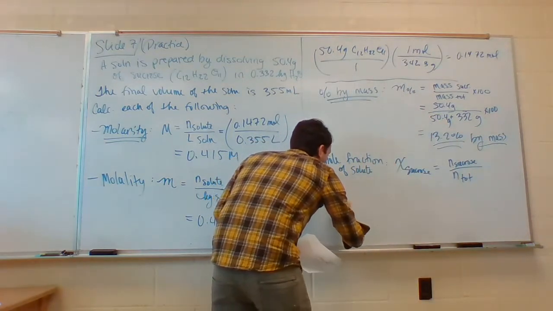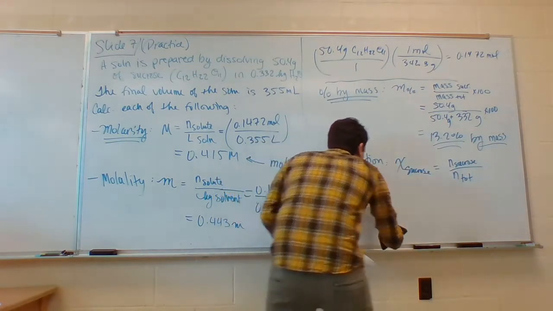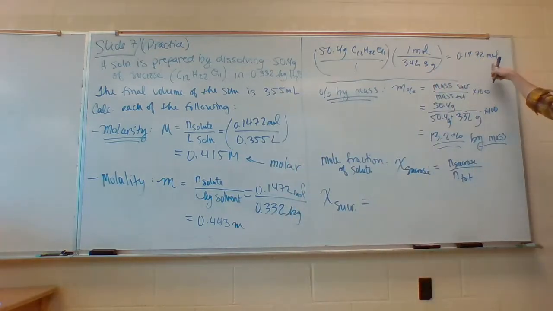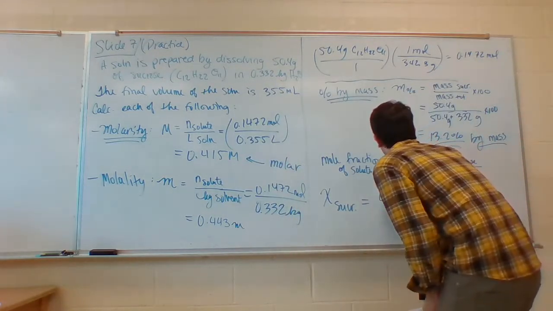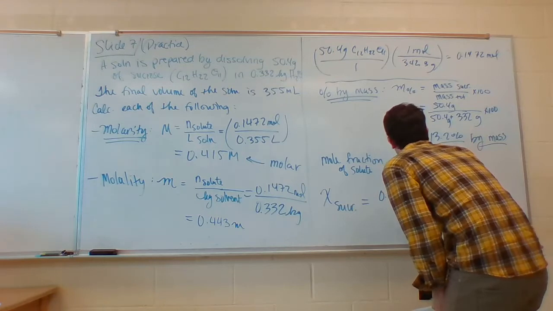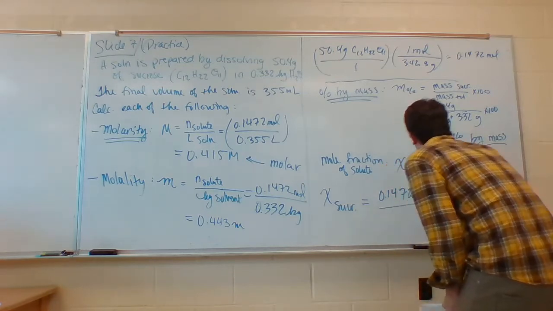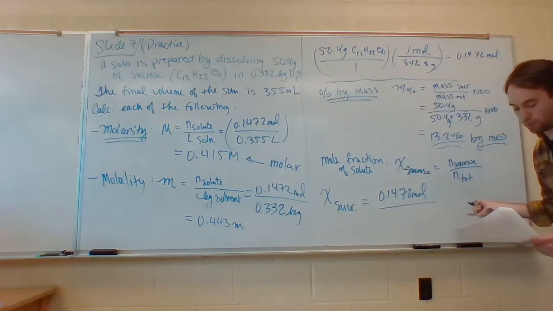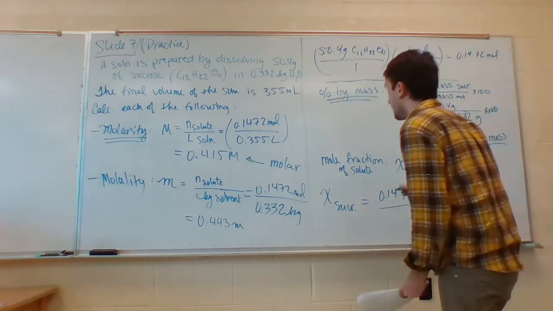So your mole fraction of sucrose is equal to, again, your moles of sucrose, which was 0.1472 moles, over your moles total, which was your moles of water plus your moles of sucrose.